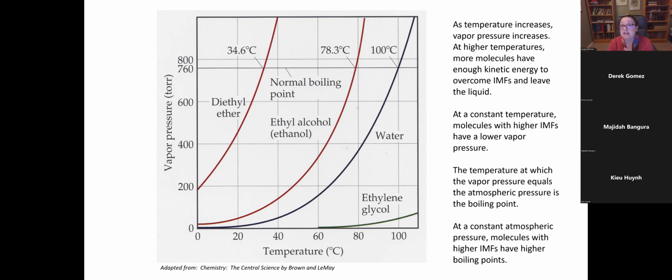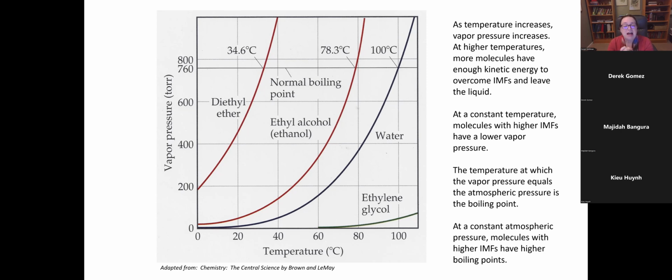Note that it's not a linear function. It's not a straight line function. In just a little bit, we'll come back to that and look at the math for that. It's a different kind of math than we've done before. So let's just focus on the qualitative aspects of it right now.